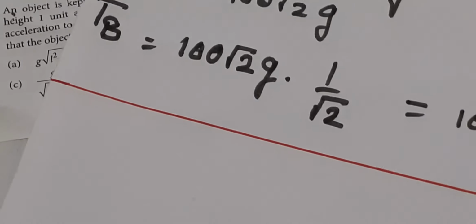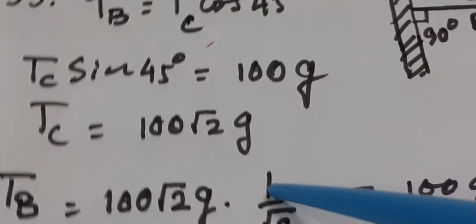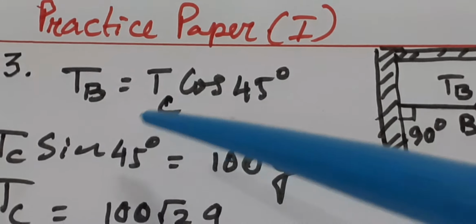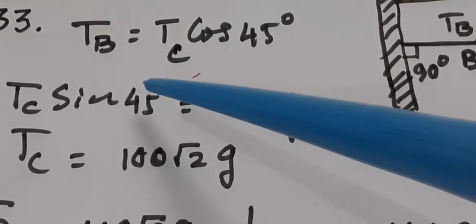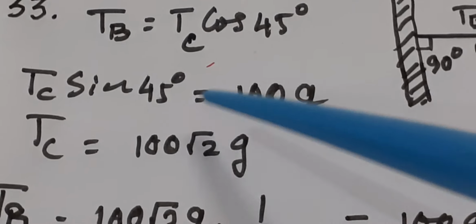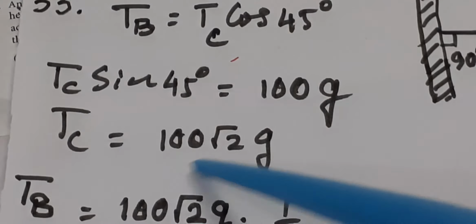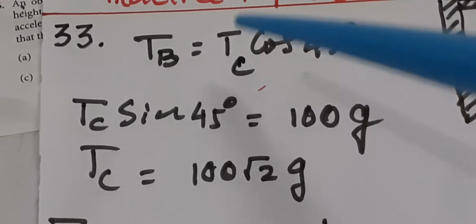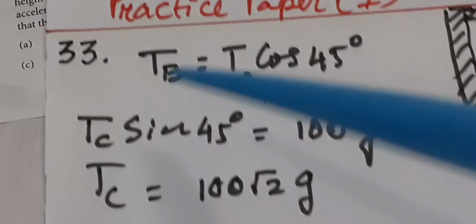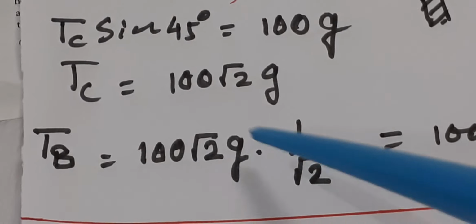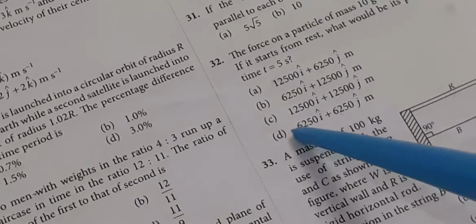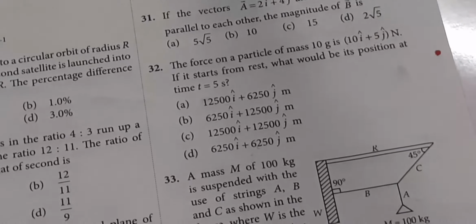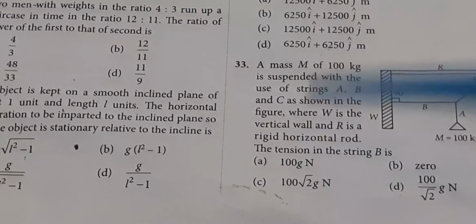Now TC sin 45 means 100g is coming. TC is available. Thereafter put it here. TB is required. So 100 root 2, again 1 by root 2 cancels, 100g Newton. That will be the answer for this. A is the answer.